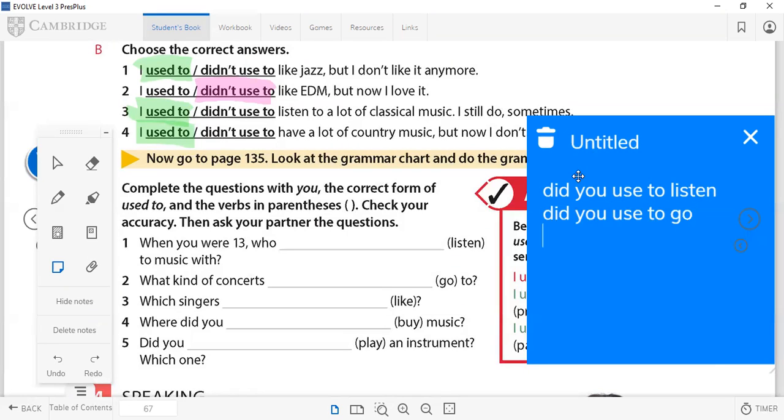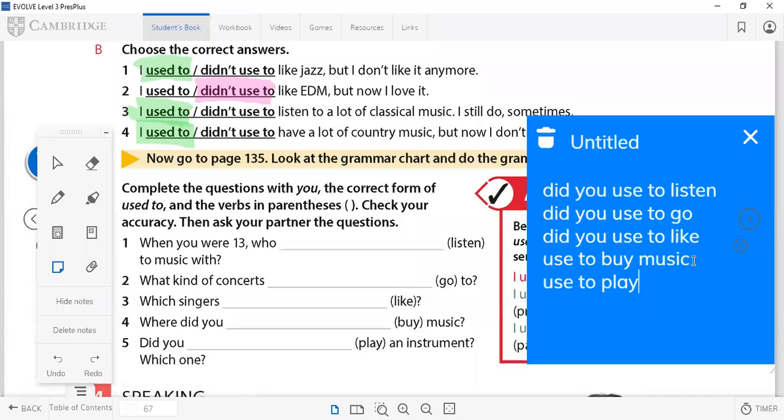Which singers did you use to like? Where did you use to buy music? And finally, number 5, did you use to play an instrument? Which one? Okay.